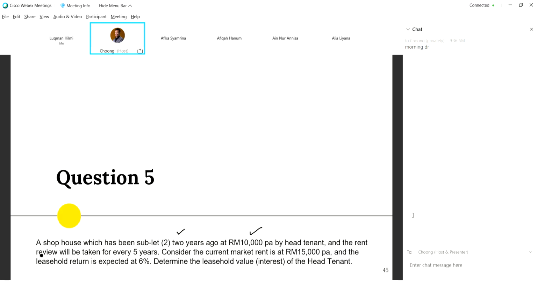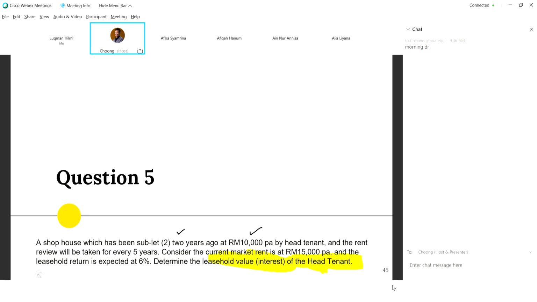You cannot calculate the value of the property. In this exercise, the intention is not to calculate the value of the property, but to calculate the leasehold value, or the interest of the head tenants only. So what do we mean by the interest of the head tenants?